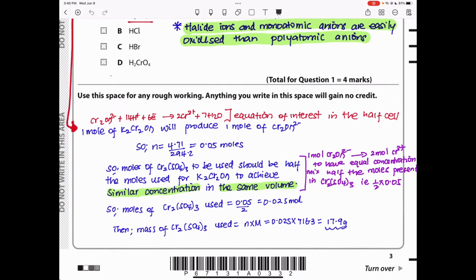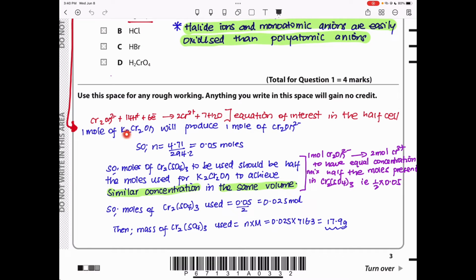The key thing to understand is this equation for the reaction of this specific half cell. Dichromate reacting to produce chromium 3. Of course, 1 mole of dichromate produces 2 moles of chromium 3. That is the half equation. So if we want to find out how much chromium 3 sulfate should be used, we've got to begin by finding the number of moles of dichromate.